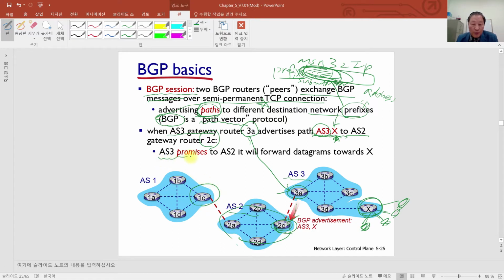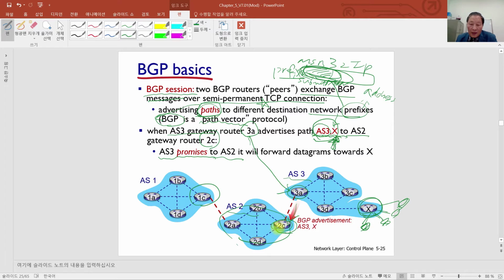Here AS3 premises. This one is advertising that information. That information is this one. You can reach this X network or IP address through this AS3. Then this one is a promise.